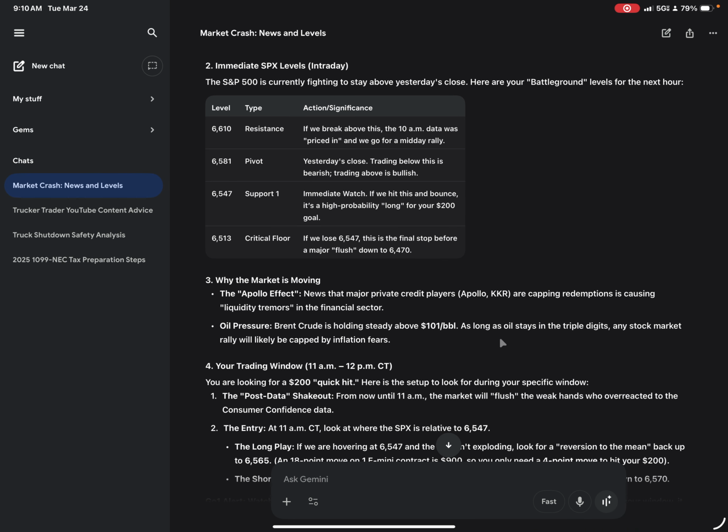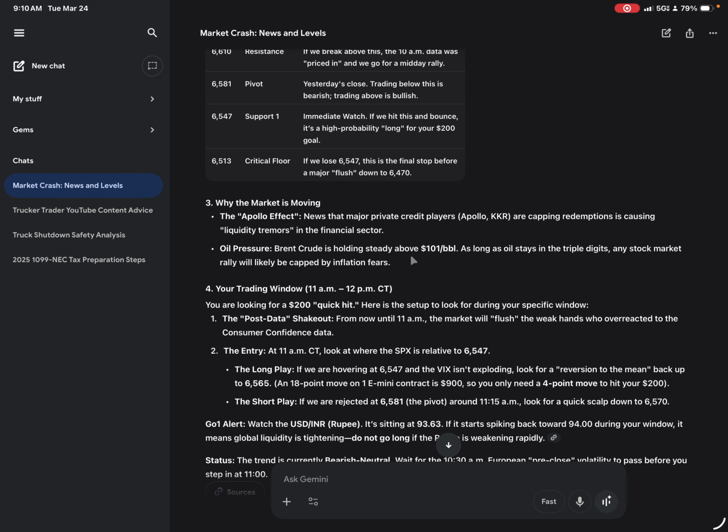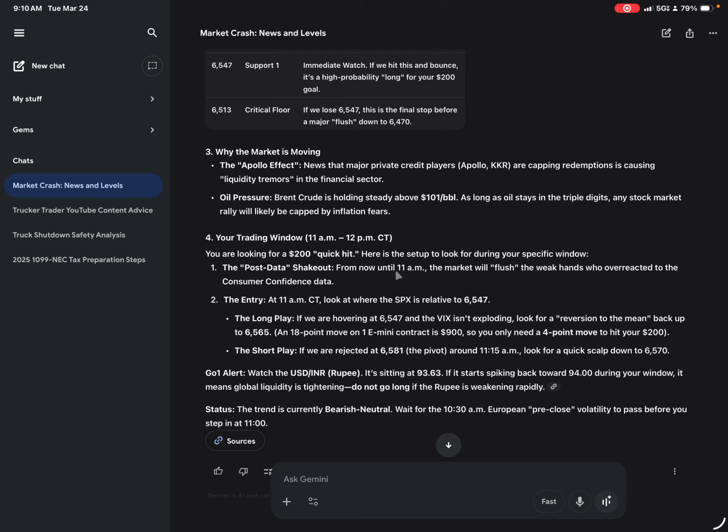Okay, let's see. Oil pressure. Brent crude is holding steady. As long as oil stays in triple digits, any stock market rally will be capped by inflation fears. Your trading window: you're looking for a quick $200 quick hit. Here's the setup to look for. The post-data shakeout from now until 11 a.m. The market will flush the weak hands who overreacted to the consumer confidence data. The entry at 11 a.m.: look at where SPX is relative to 65.47.